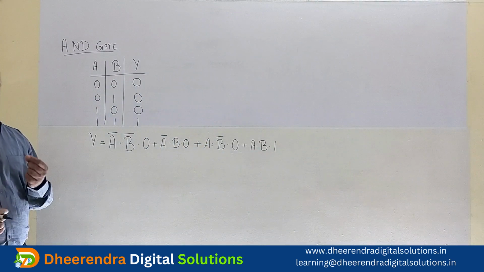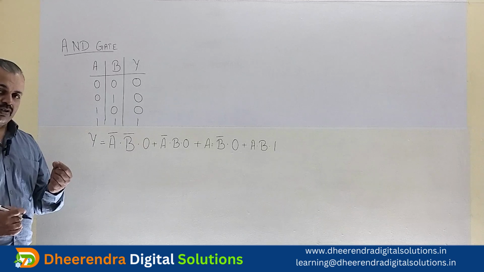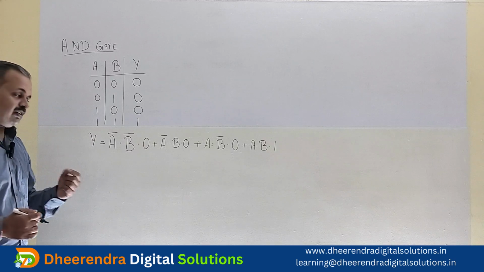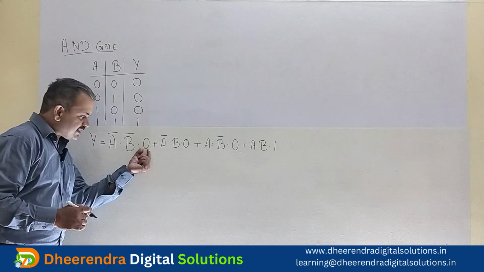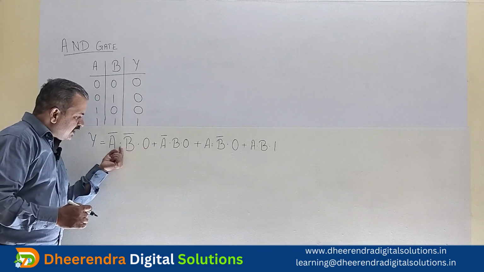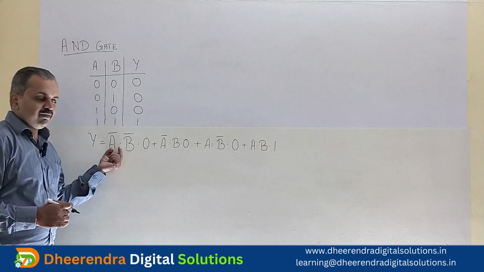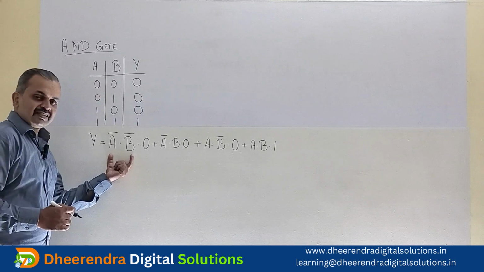We have discussed that 0 represents falsehood, whereas 1 represents the true state. Since this is 0, ANDing it with anything will give me a result of 0.